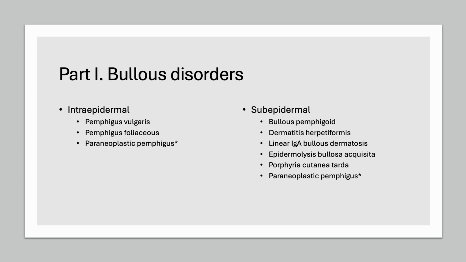Similarly, if we subdivide the subepidermal category, we get bullous pemphigoid, dermatitis herpetiformis, linear IgA bullous dermatosis, epidermolysis bullosa acquisita, porphyria cutanea tarda, as well as paraneoplastic pemphigus. You may have noticed that I put a star here as paraneoplastic pemphigus has overlapping features between the intraepidermal as well as the subepidermal.